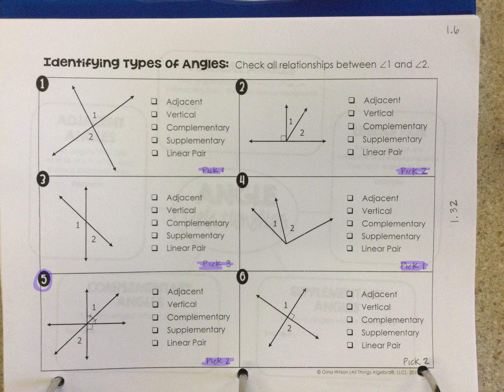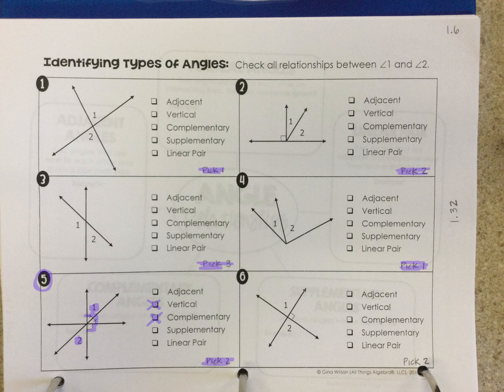Well, when I look at angle 1 and angle 2, I can see that they are across from each other. So I'm going to pick vertical. And this box tells me that one's 90. So that would mean that this is 90. That would mean that 1 and 2, when added together, make 90.